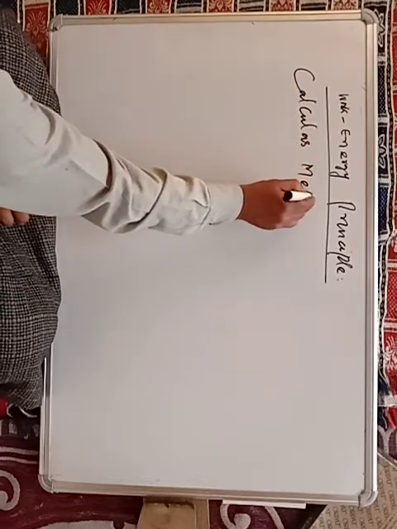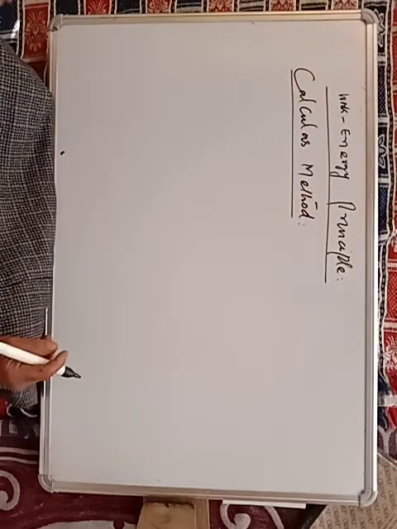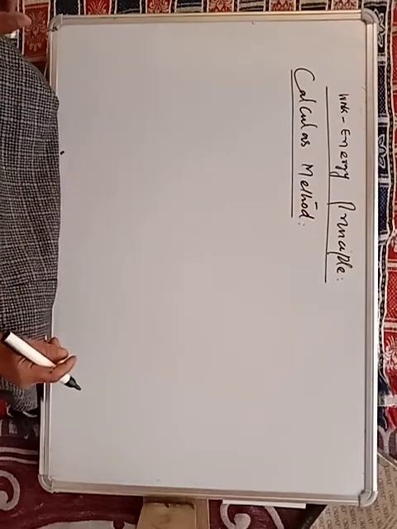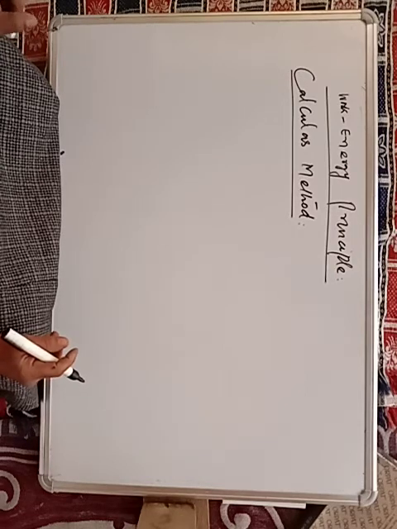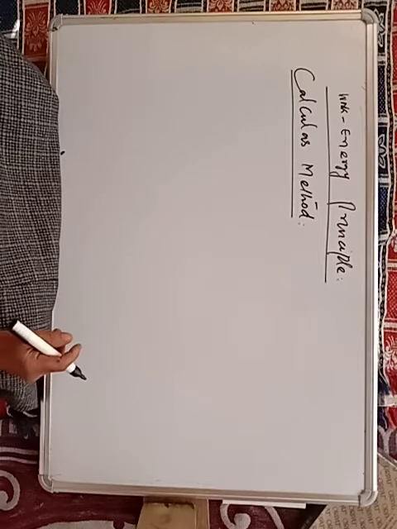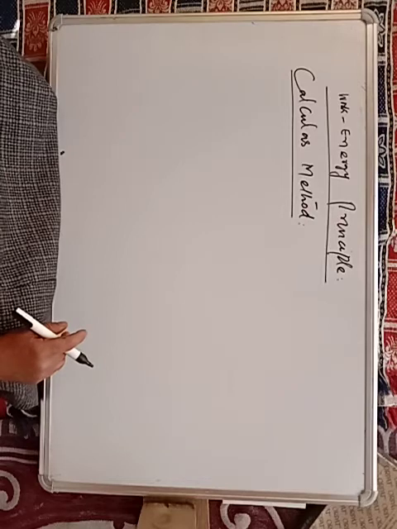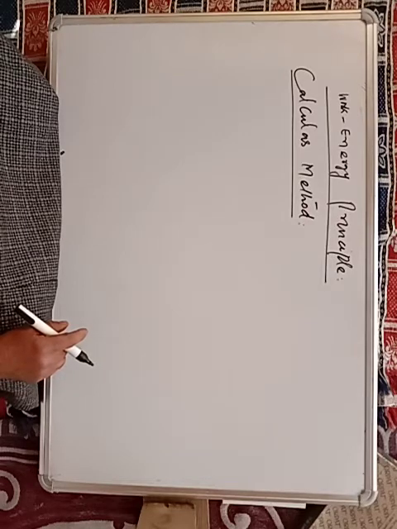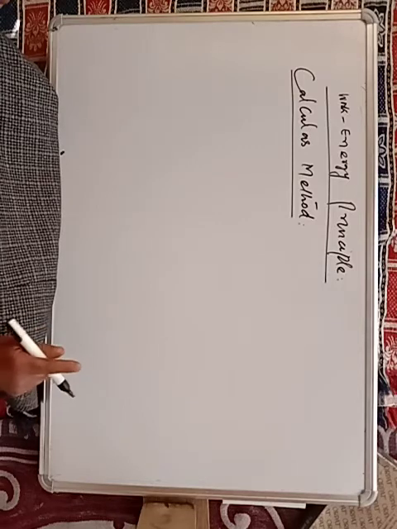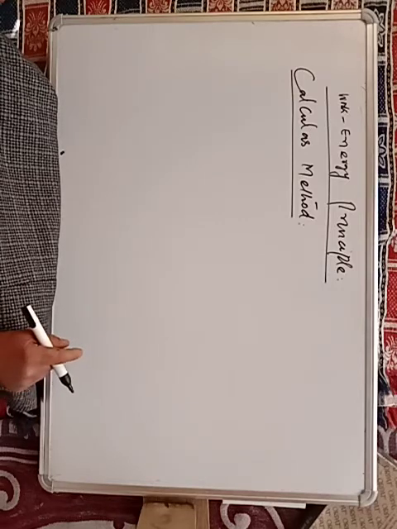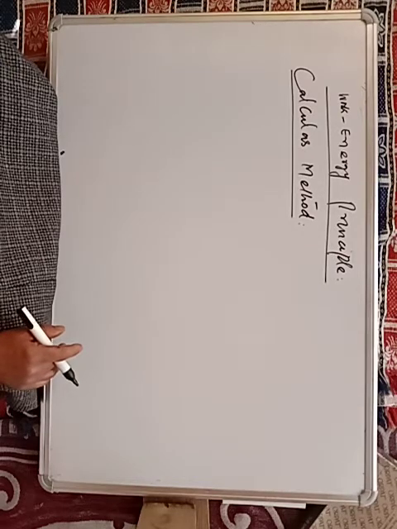So now you must know how to find the relation for the work energy principle. Work energy principle is: work done by a force on a body is equal to the change in kinetic energy.